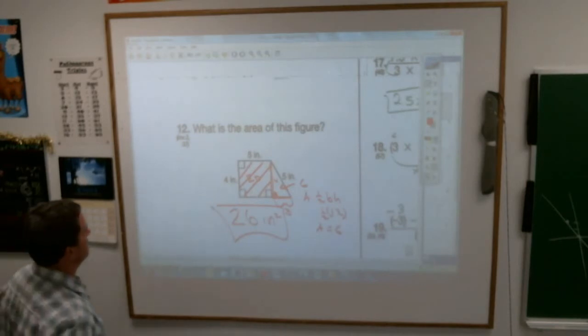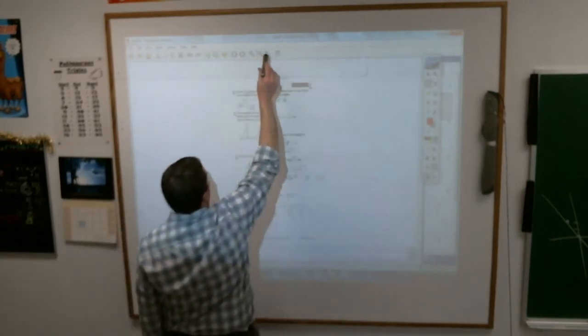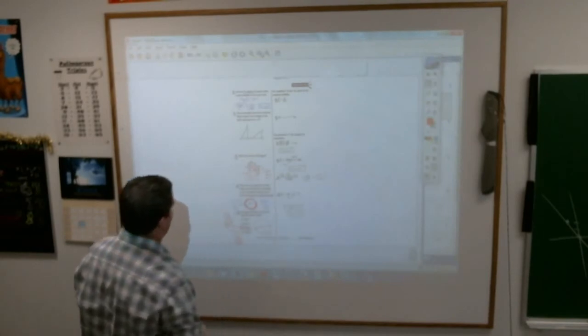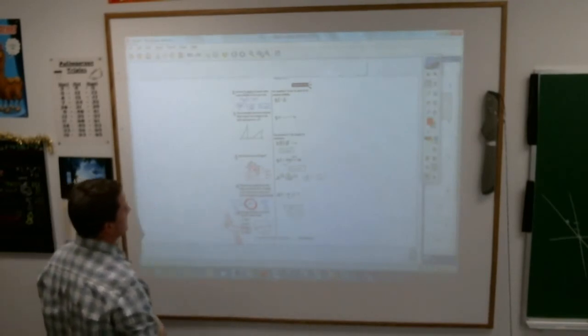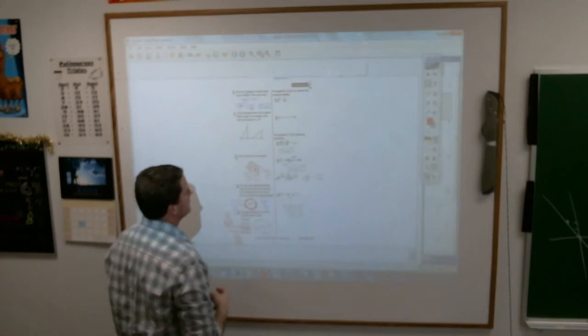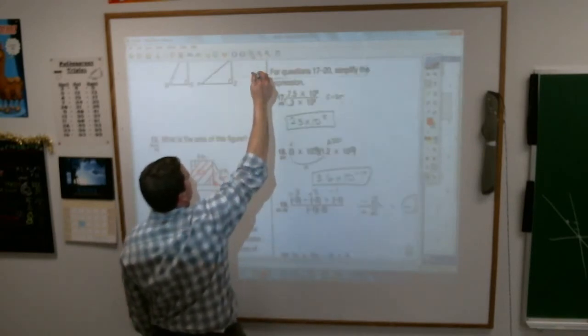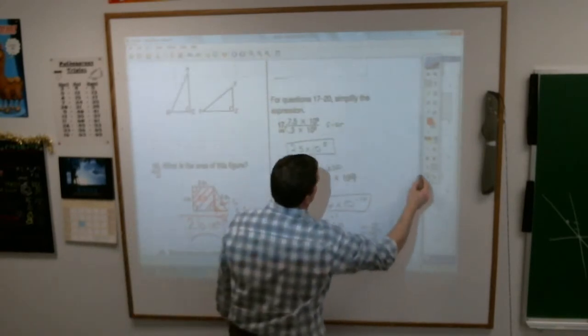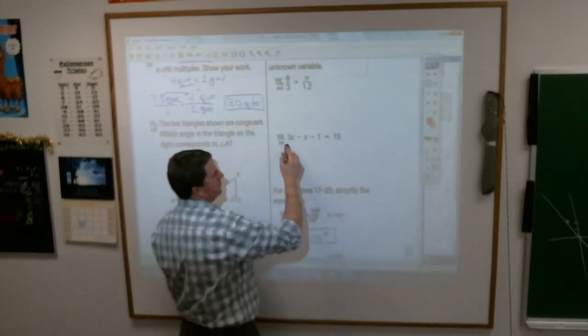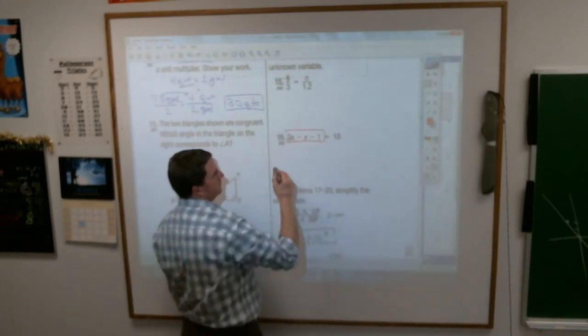What else is left here? Anything? 16? Again, you should know the first step in any equation is to simplify each side.